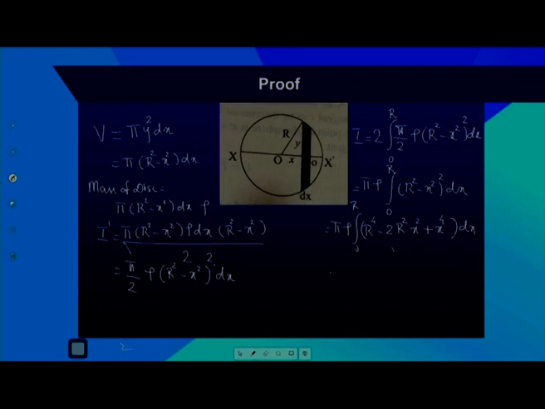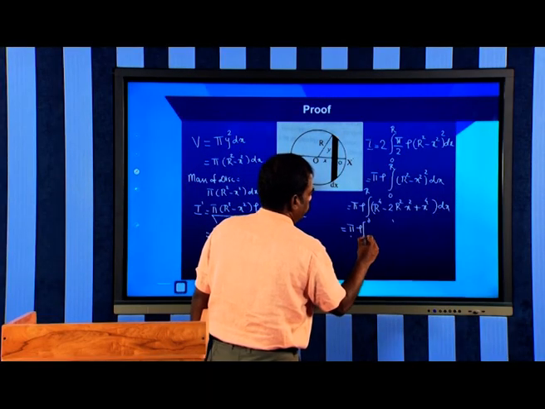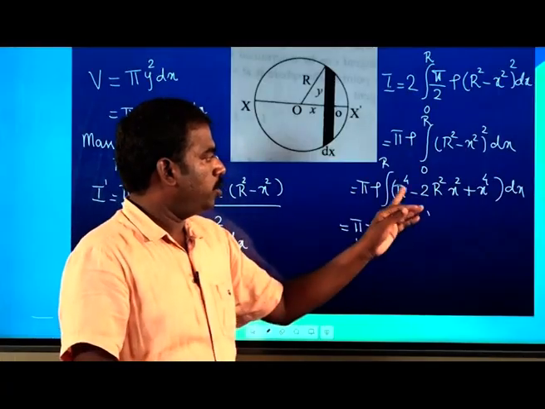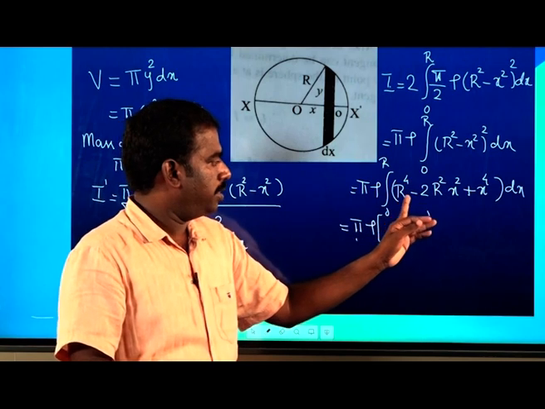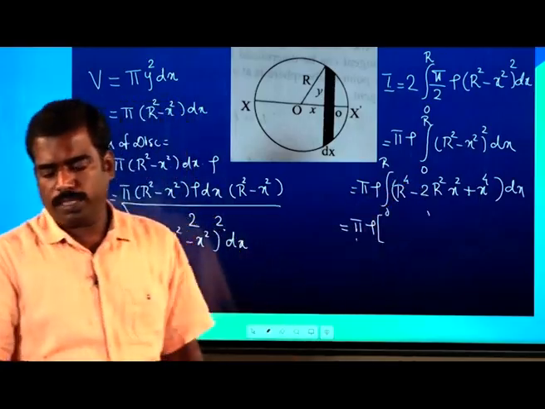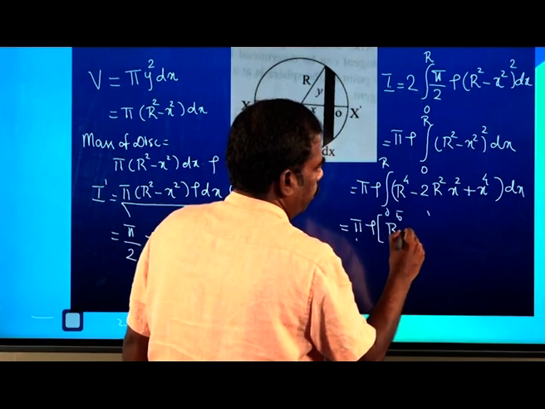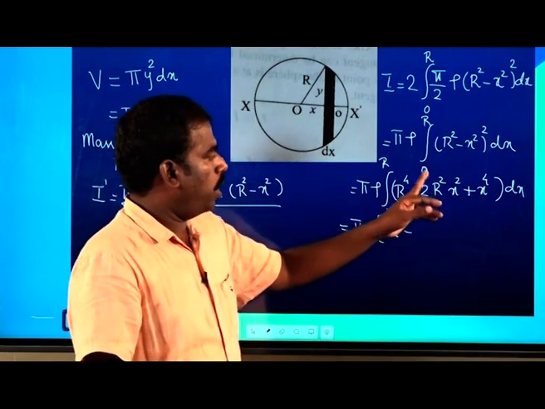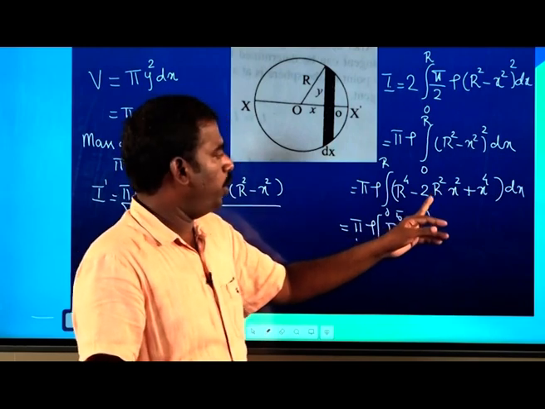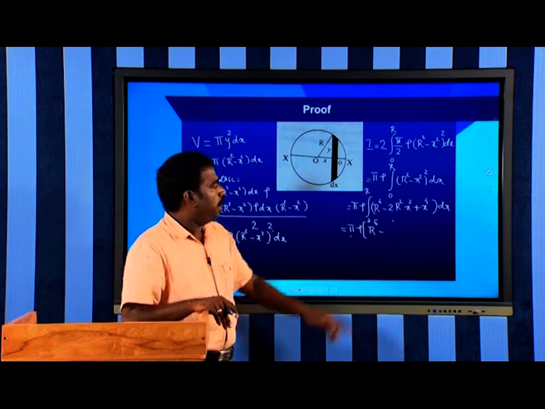So you will get pi rho into, please integrate the expression and then apply the limit. So it is r raised to 4 into x, which means r raised to 4 into r, which is r raised to 5, minus 2 into r square x cube by 3. Just apply the limit r.